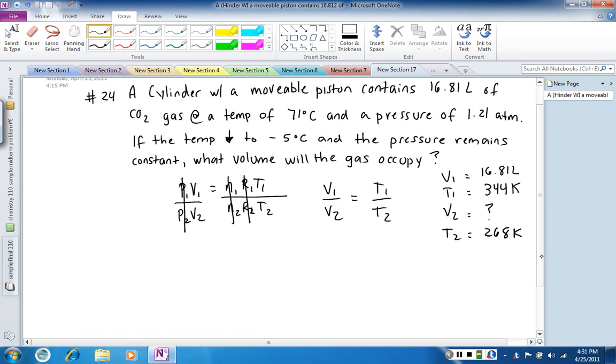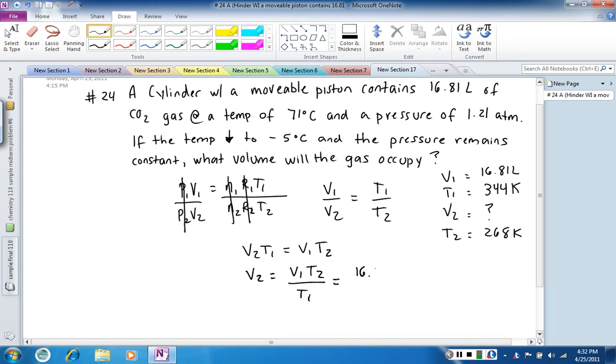So now we're going to solve for V2. When you do, you end up having V2 times T1 equals V1 times T2. So V2 equals V1 times T2 over T1. At this point, you simply plug and chug your numbers.